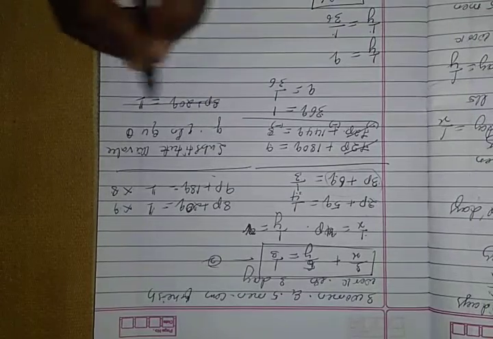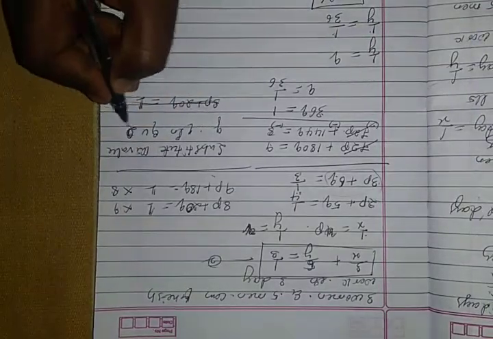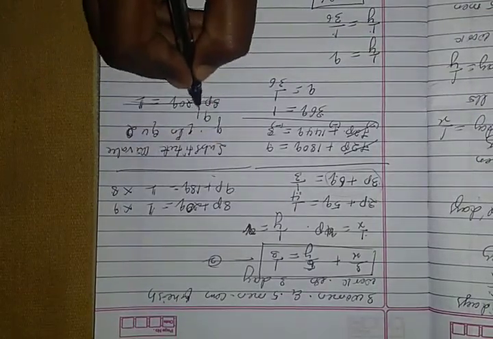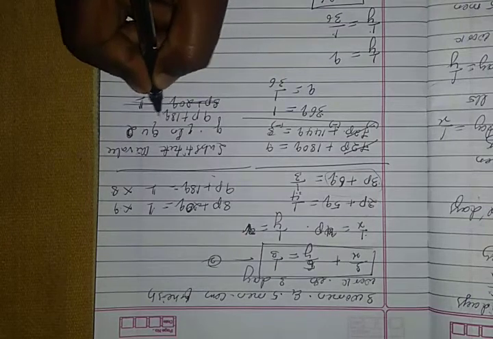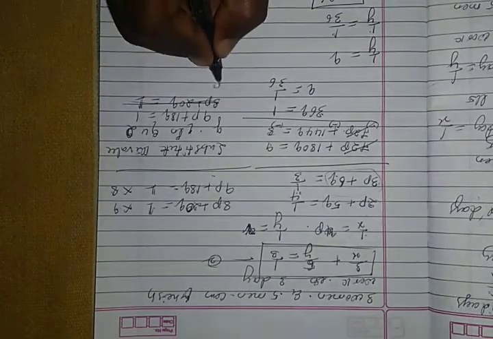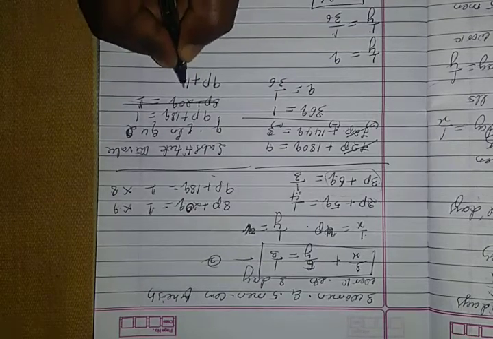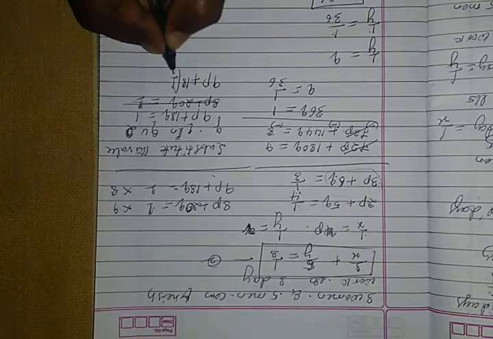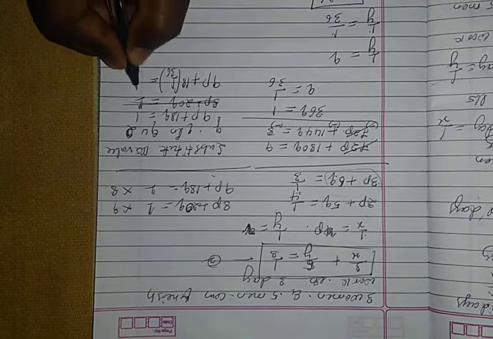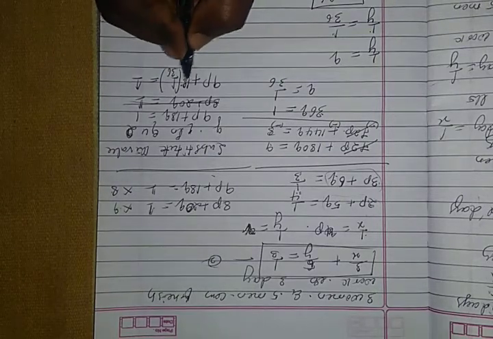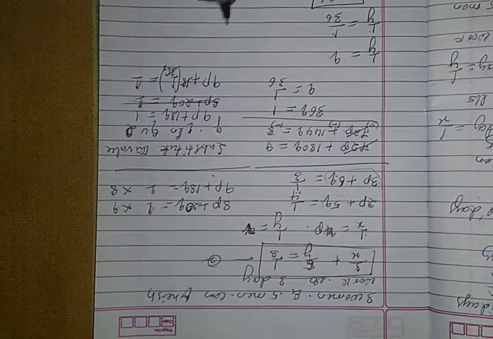Or you can add equation number two, that is 9p plus 18q is equal to 1. So 9p plus 18 into the value of q, which is 1 by 36, is equal to 1. 18 ones are 18, 18 twos are 36.